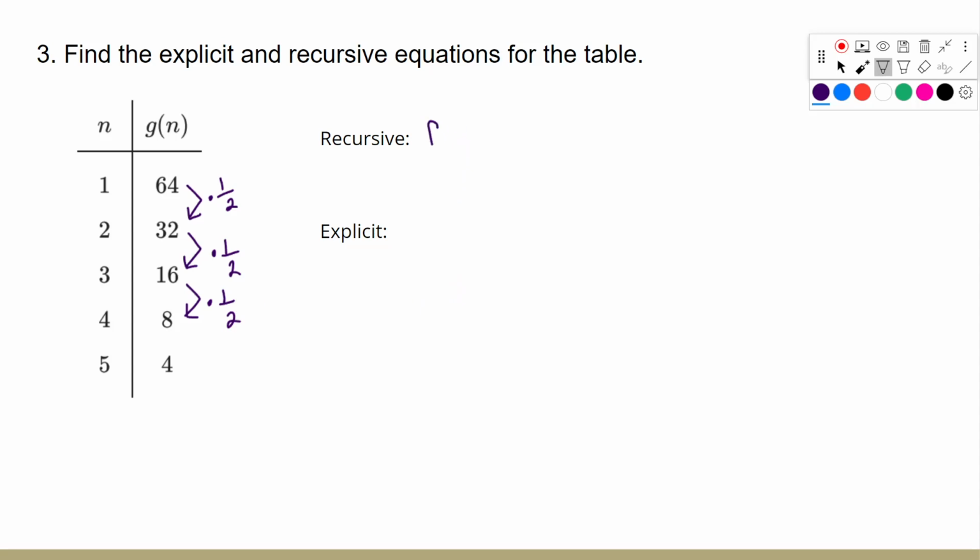Well, just like the arithmetic, the recursive is going to begin f(n) = f(n - 1). But what we are doing is multiplying by 1/2, and f(1) is going to equal 64.